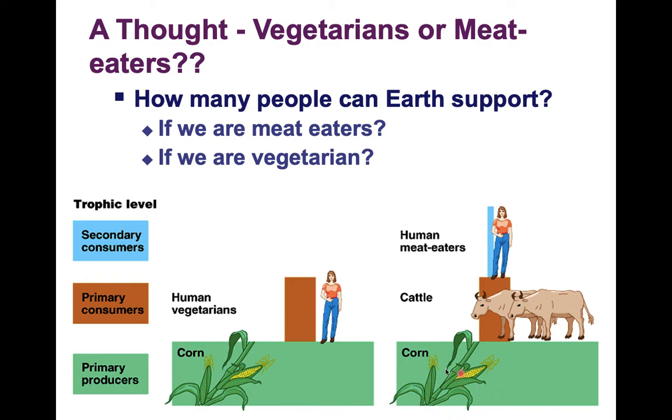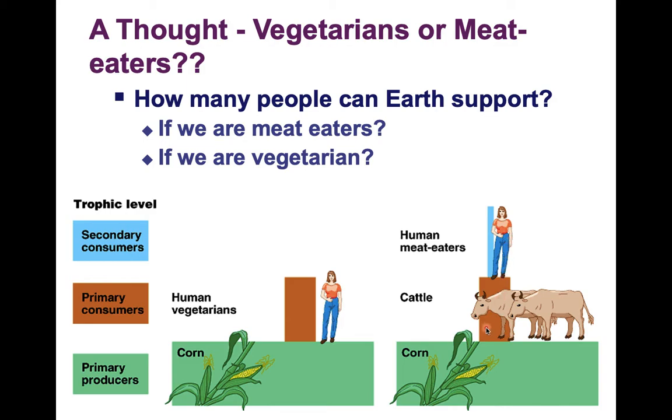Well, by looking at these two numbers, right, definitely if we were all vegetarians, we would be able to support more people, right? Because we would then become primary consumers. So since there's an abundant number of primary producers, that would be able to sustain a greater number of human vegetarians. But because a lot of humans eat meat, right?